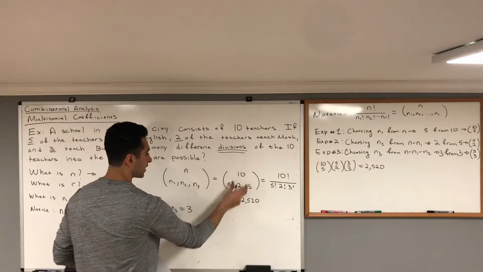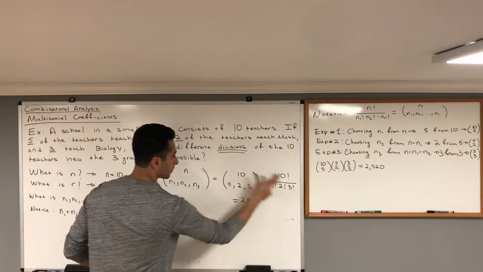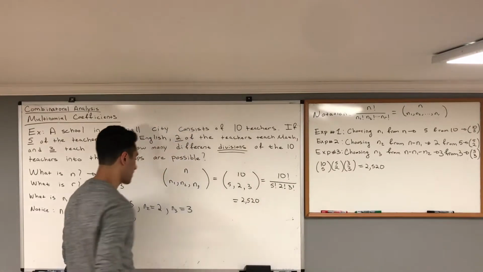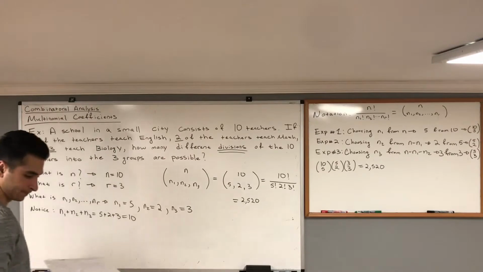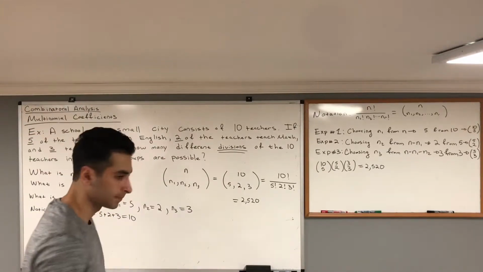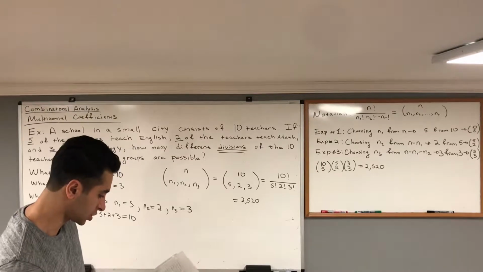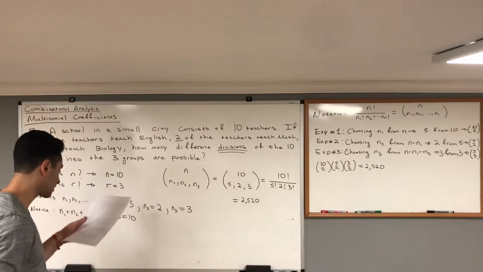So the top is 10, you choose 5, you choose 2, and you choose 3, and this means that. And then you just solve this, and you get this number. Or you could do it that way.